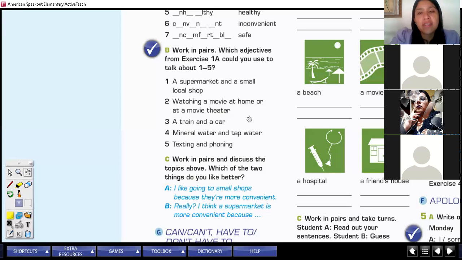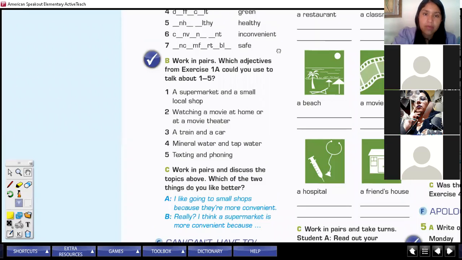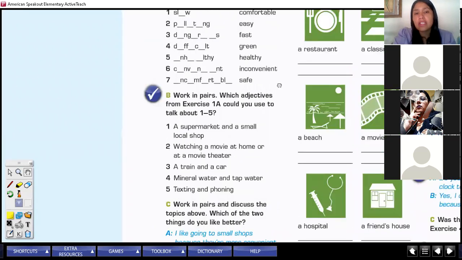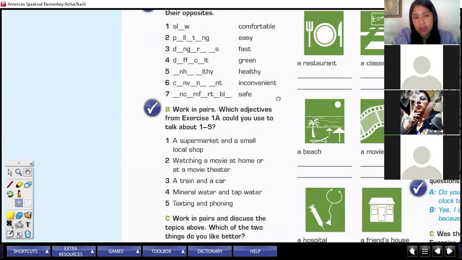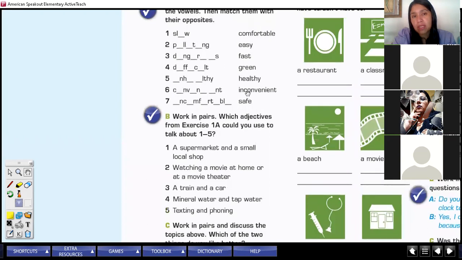Which of the adjectives from the previous exercise could describe a supermarket and a small local shop? What is the difference between them? As a teacher, I don't understand. No, you need to choose two of the adjectives from this exercise we just answered, and tell me which two adjectives could describe a supermarket and a small local shop.